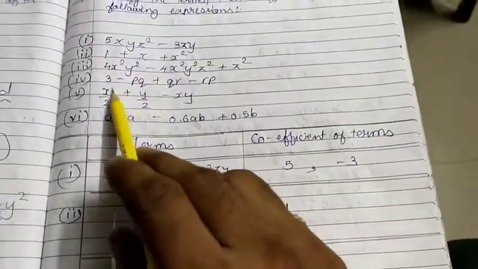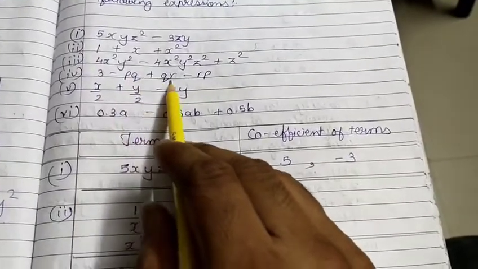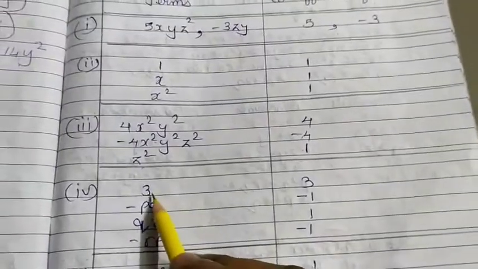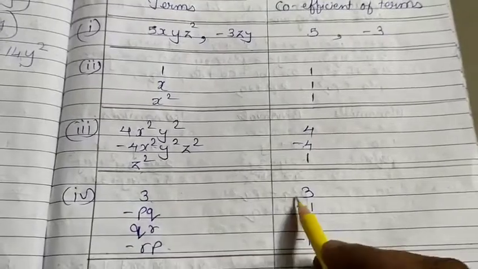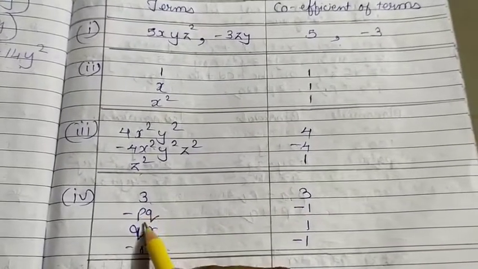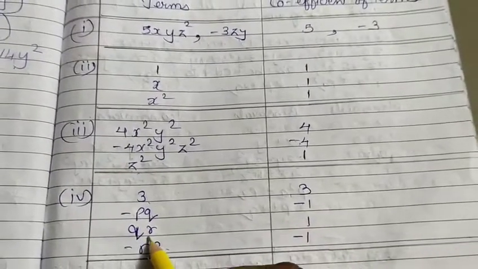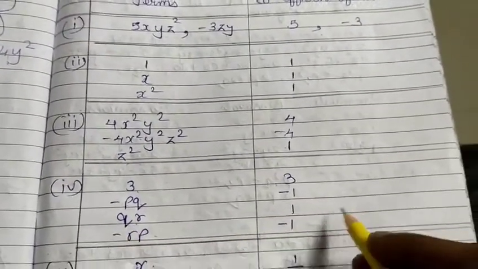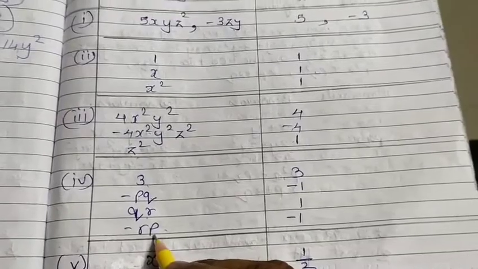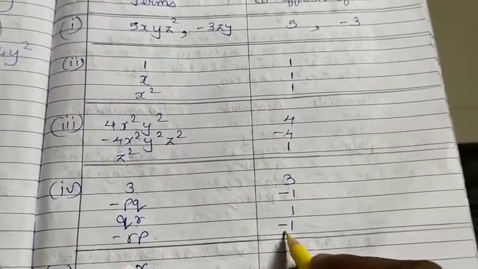Now the next one is 3 minus pq plus qr minus rp. The coefficient of 3 is 3 only. Here no coefficient is there, only the variable negative pq, so you have to write negative 1. Then qr, here also no coefficient, so write 1. Then minus rp, here also no coefficient, so write -1.